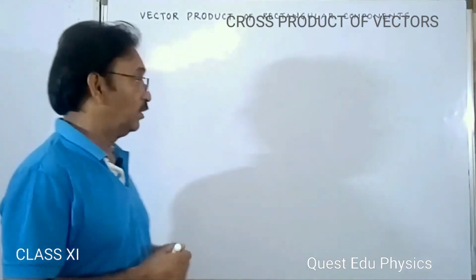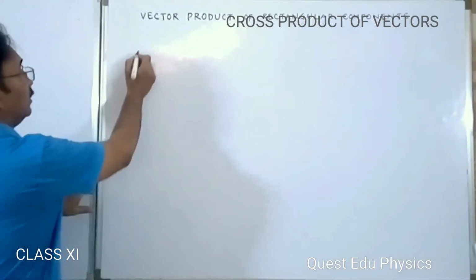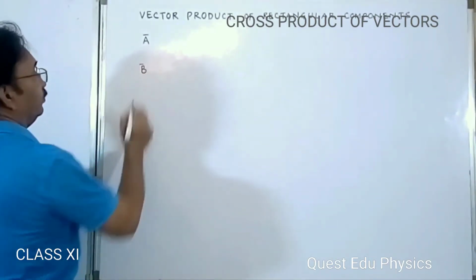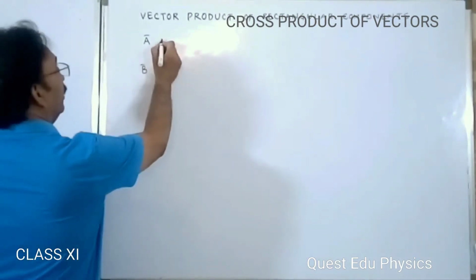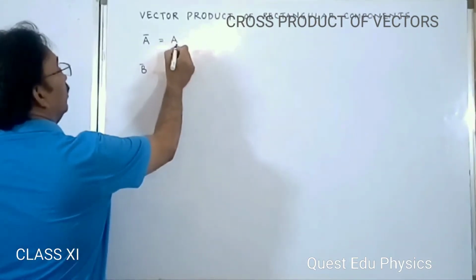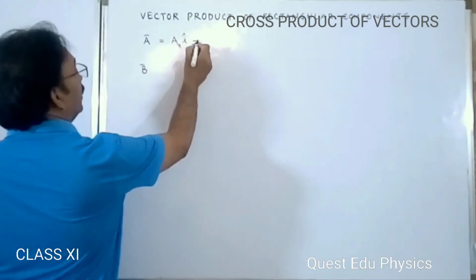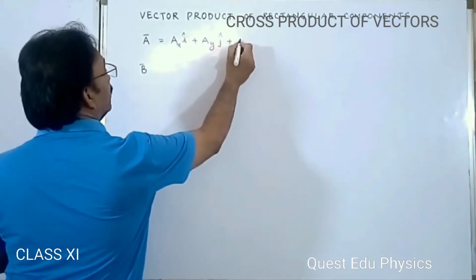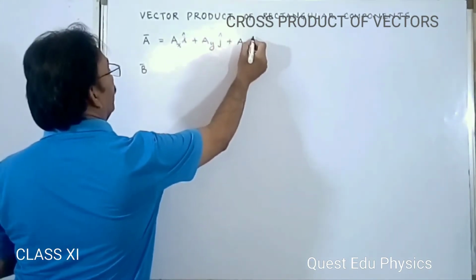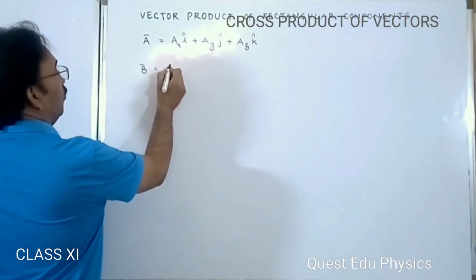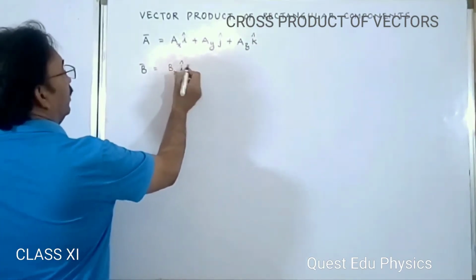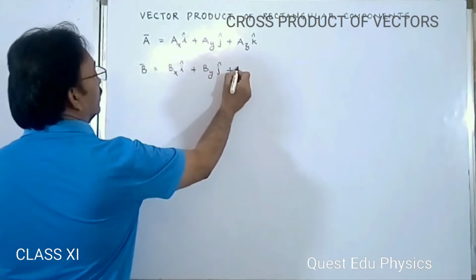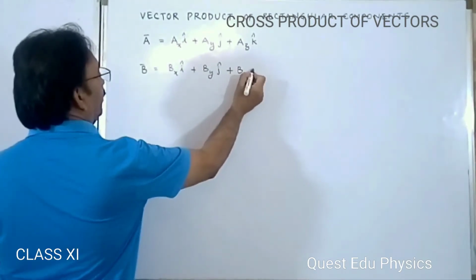Let's take those two vectors which are in a plane as A vector as well as the B vector. We have to take the rectangular components, meaning ax i cap plus ay j cap plus az k cap, and also bx i cap plus by j cap plus bz k cap.